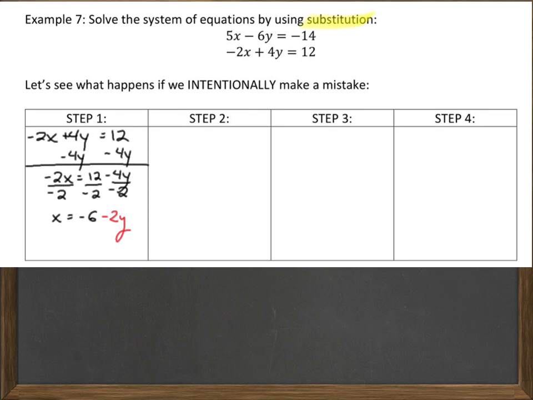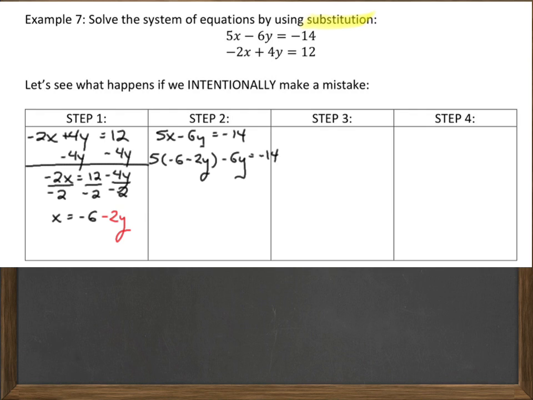I've isolated my variable. Step two has us picking the other equation, which is 5x minus 6y is equal to negative 14. In place of x, we are going to write that expression, negative 6 minus 2y.